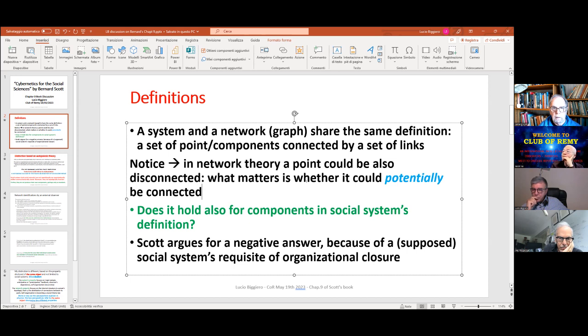But this is the world of social systems that I'm interested in. There are other systems and networks that you can use in the world of biology and physical systems, which are not the same thing.